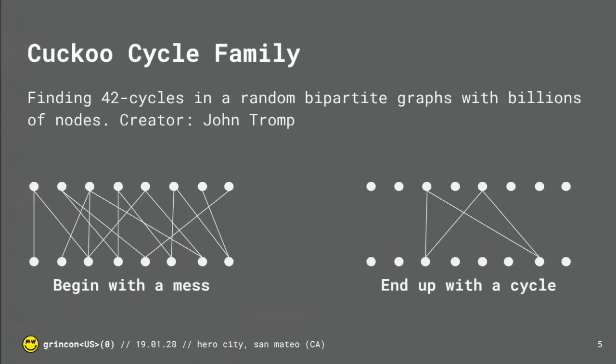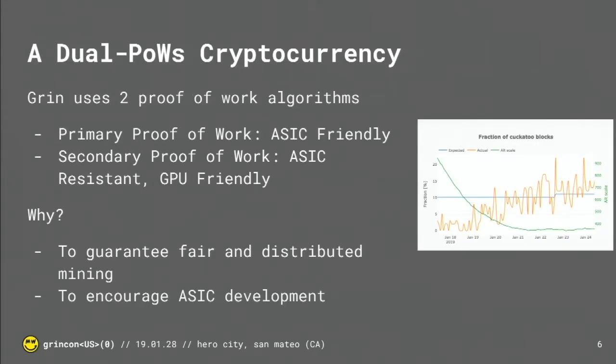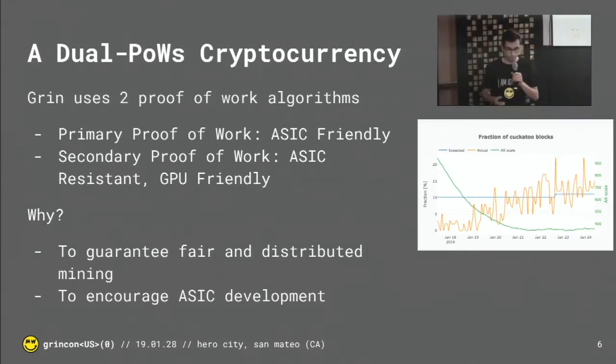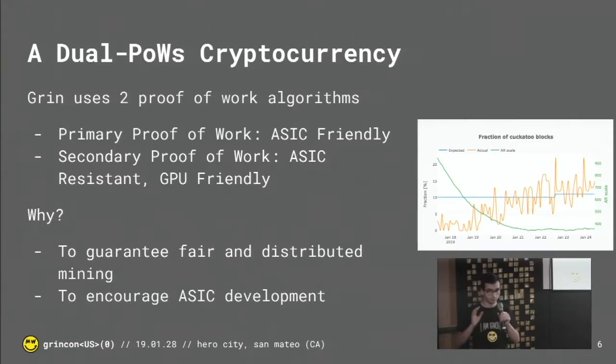Okay. So in terms of proof of work, I'm not going to explain this in detail. It's just a slide stolen from Daniel. But basically, Grin uses two proofs of work, which are derived from the Cuckoo Cycle family. And why are there two proofs of work?